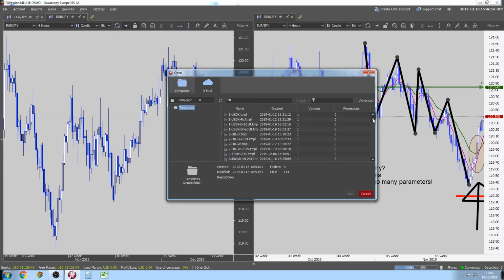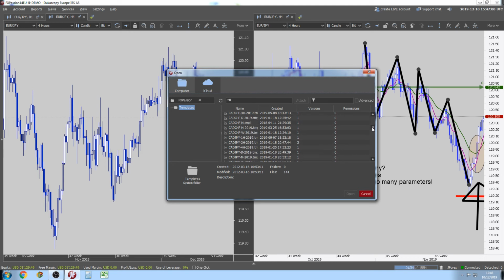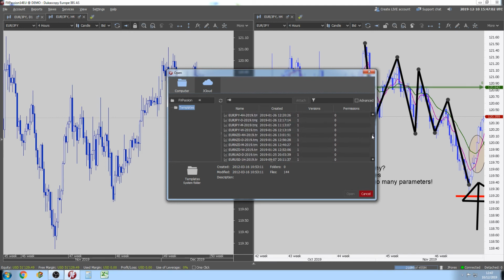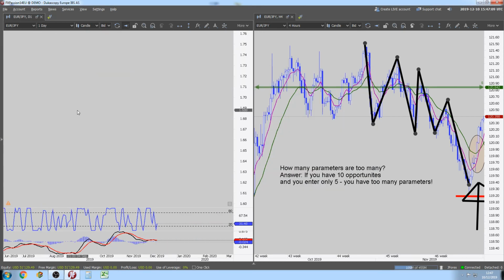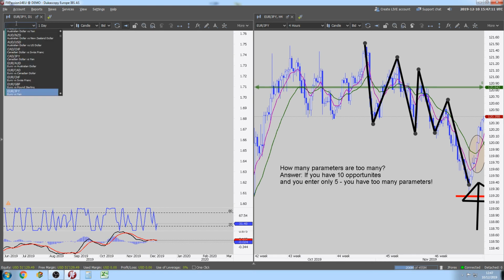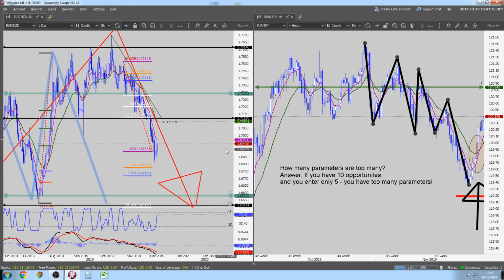Okay? Some of you are screaming, no, but the Fibonacci is up and the structure is up and everything else is up. Euro New Zealand daily chart. You should be short on Euro New Zealand, everybody. See the arrow? Short.